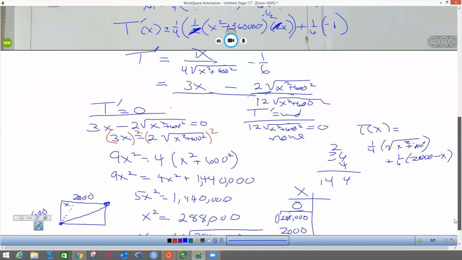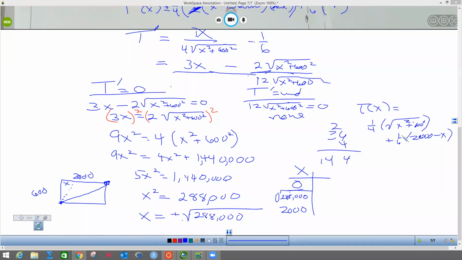So I think I'm going to cheat here. We can plug 0 in and get it pretty quickly. So if I do t of 0, that's 0, right? And then the square root of 600 squared is just going to be 600. And then it's going to be plus 1/6 of 2,000. So I guess I am going to use my calculator here because I want to get this done because it's been going longer than it should have.